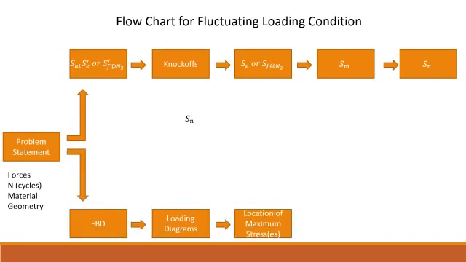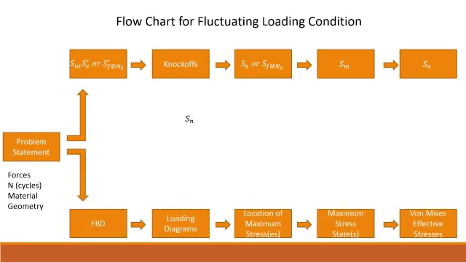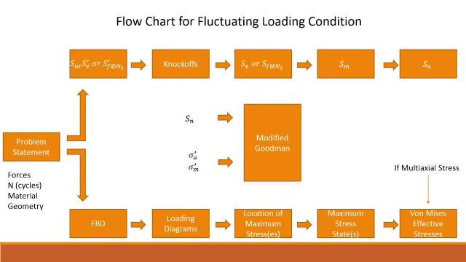The bottom half starts off the same all the way until we get to von Mises stresses, but the problem now is that von Mises stresses have two components, an alternating and a mean. Then I'm going to plug both of those into my modified Goodman criteria, and out will come a factor of safety, and this will be the answer I'm looking for.